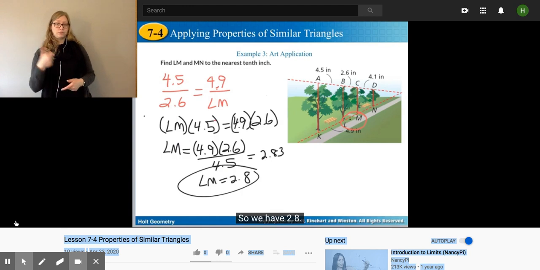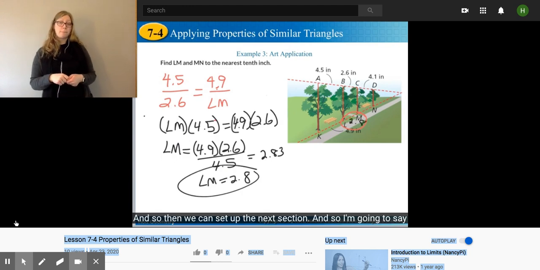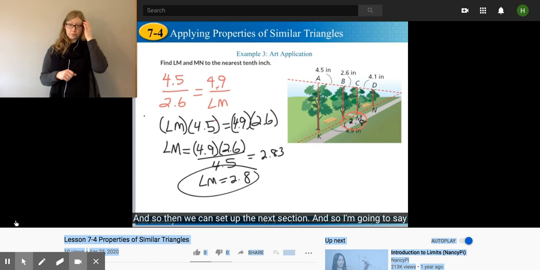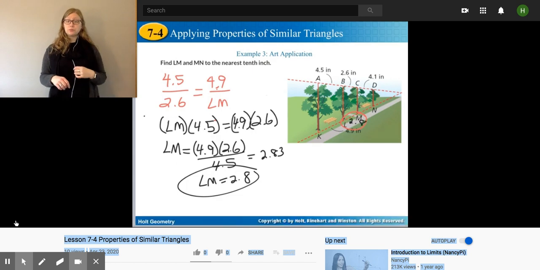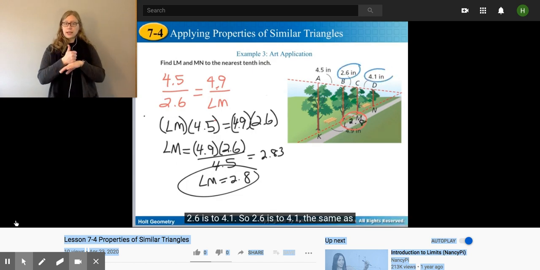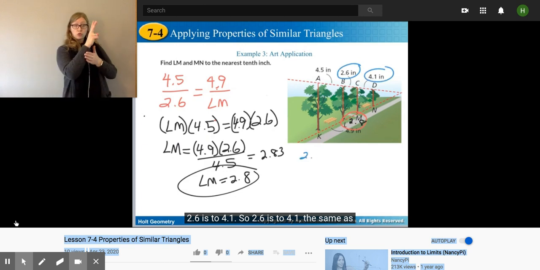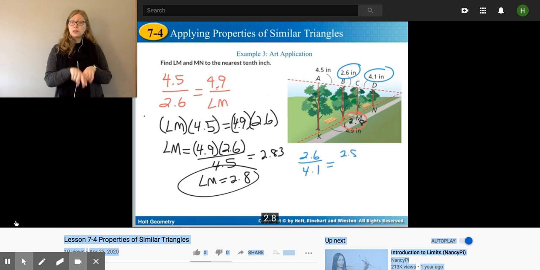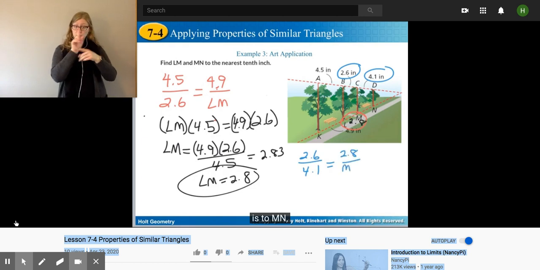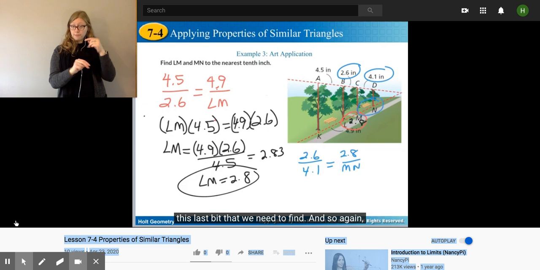So we have 2.8. And so then we can set up the next section. And so I'm going to say 2.6 is to 4.1, the same as 2.8 is to MN. This last bit that we need to find.